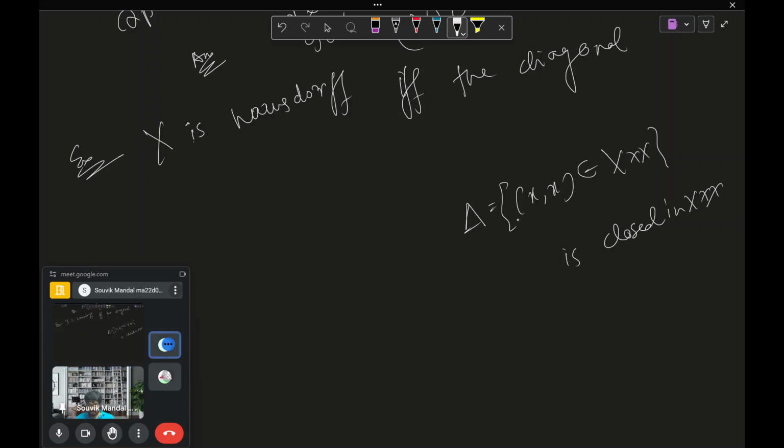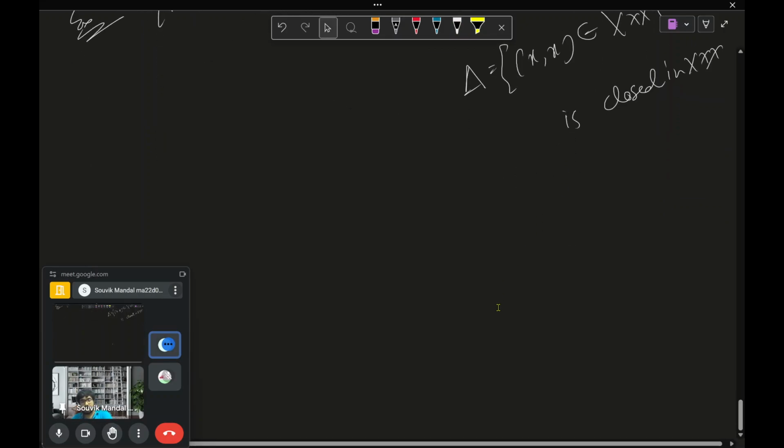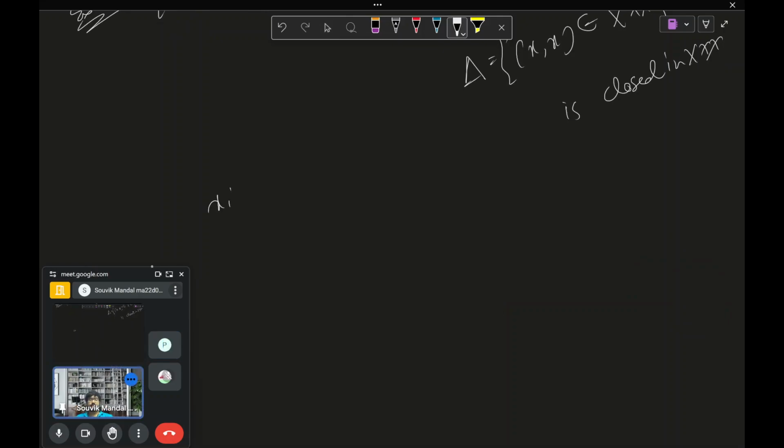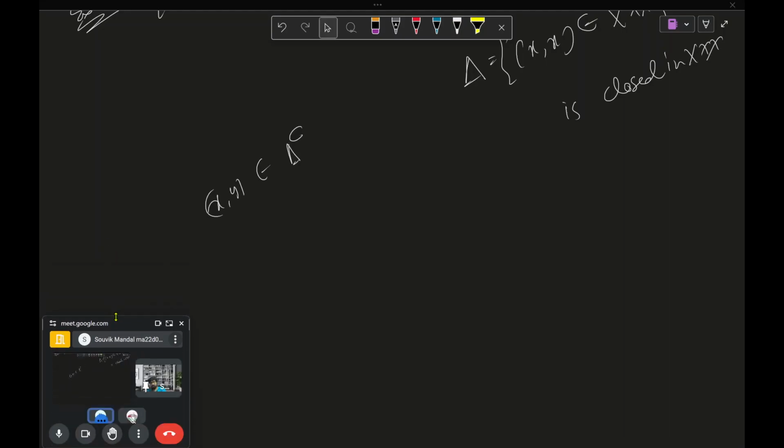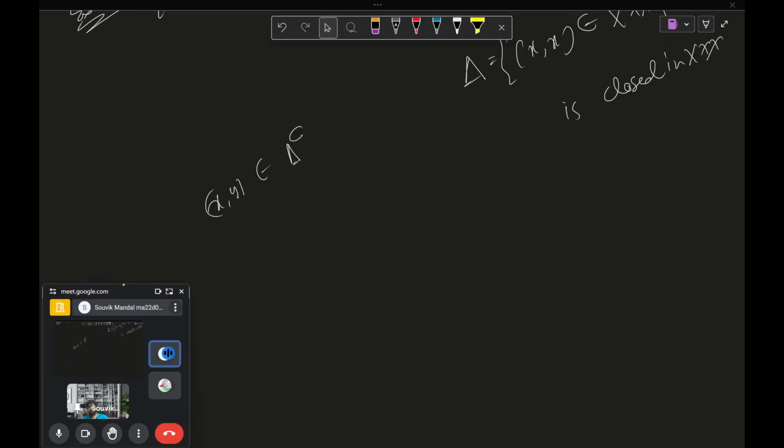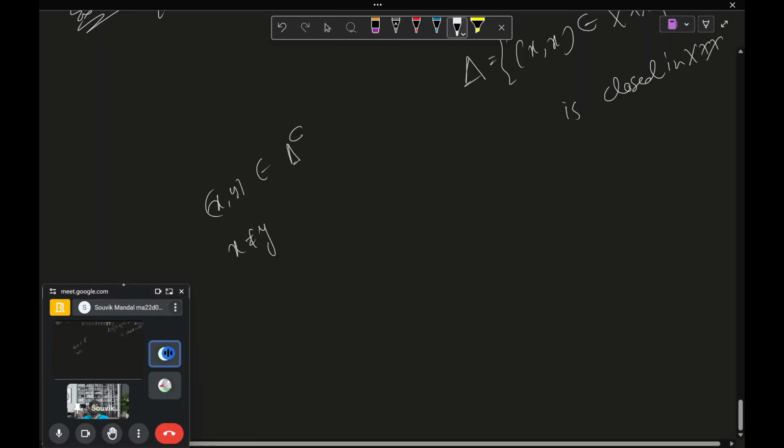Similarly, sir, here we can show that its complement is open. Let us take any point in its complement, (x, y). Here x and y are distinct, because it is not in the diagonal, so we will have two disjoint open sets containing these 2 points.